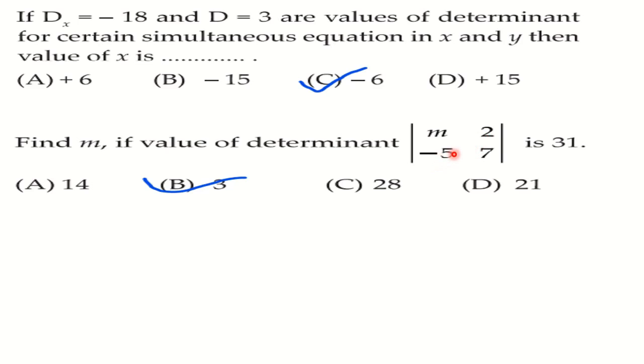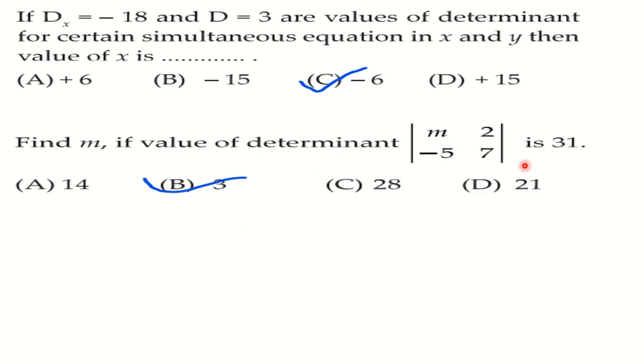Correct? Because here you are multiplying m into 7 and minus 2 into minus 5. So minus and minus is going to become plus. So the value of this determinant, 7m plus 10, is equal to 31. So if we shift 10 to the right hand side, what are we going to get? 7m is equal to 21 and therefore m is equal to 3. Option number B is the correct one.